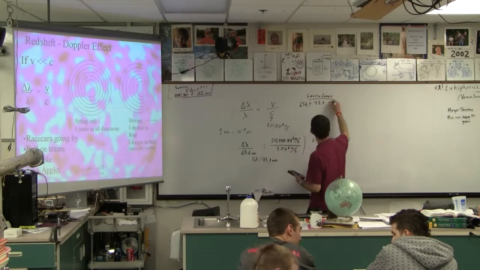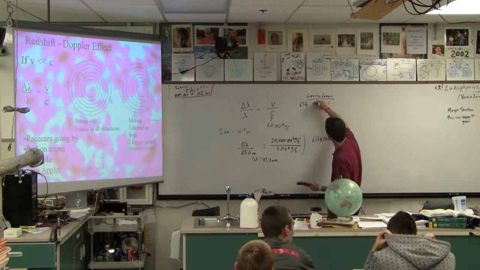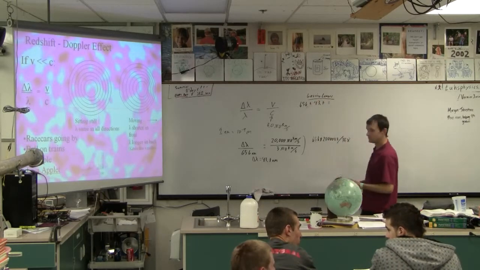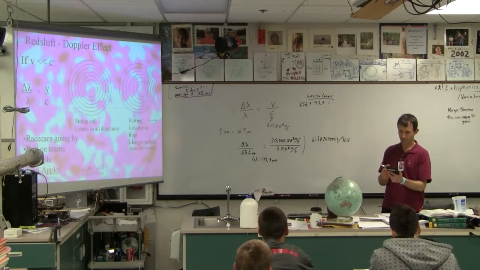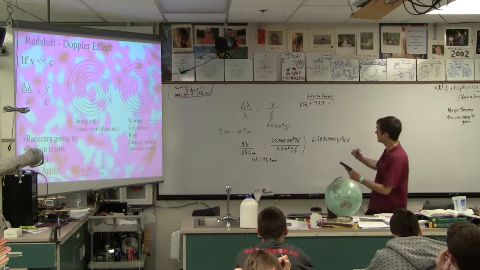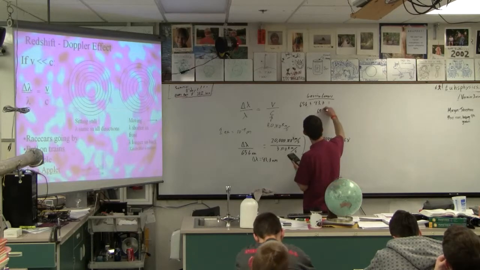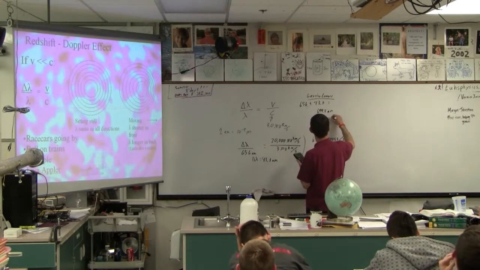What is that? It's close to 700, isn't it? 699.7. Yeah. So the new one is 699.7 nanometers. So you'd say it's about 700 nanometers.